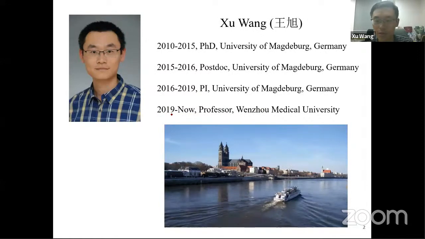But at the beginning of this class, I want to first briefly introduce myself. My name is Xu Wang. I got my PhD degree at the University of Magdeburg in Germany. After that, I worked in the University of Magdeburg for several years. Then in 2019, I came back to China, and now I am a professor at Wenzhou Medical University.